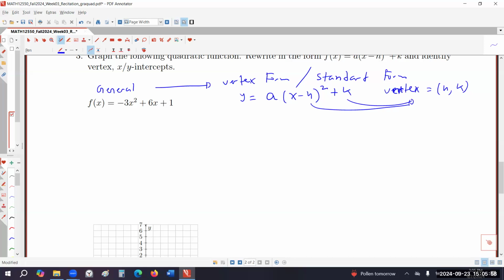Why do you care about the vertex? Because vertex gives us either the minimum of something or maximum of something. And we love to work with minimum or maximum. For example, when we buy things, we want to spend minimum amount of money, right? So you see, minimum.